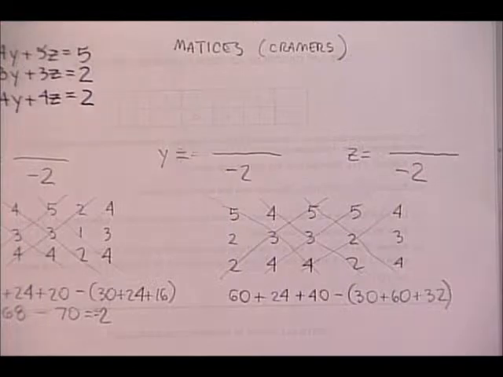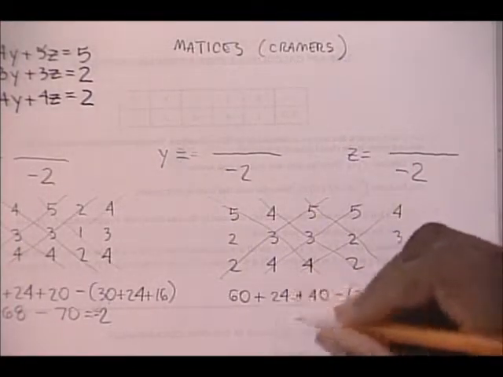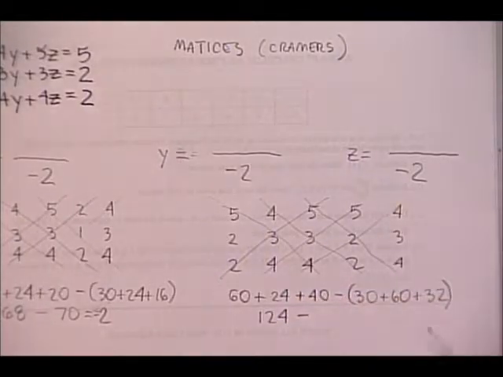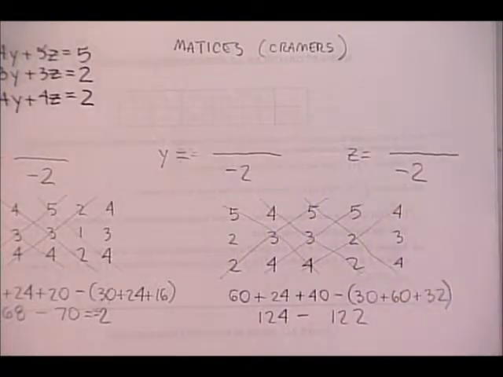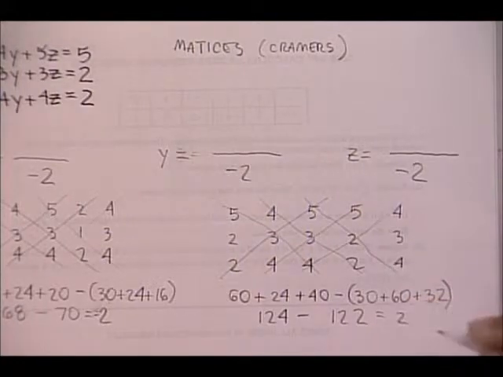So you end up with 124 minus 90 plus 32, which is 122. And you end up with a determinant of 2.